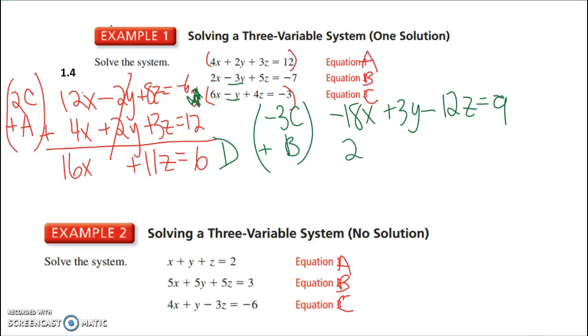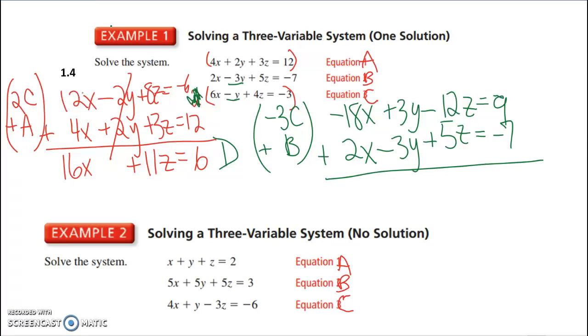And then 2x minus 3y plus 5z equals negative 7. That's equation B. So if I add these up, I'm going to get negative 16x, cancel the y's, minus 7z equals 2. Let's call that equation E.